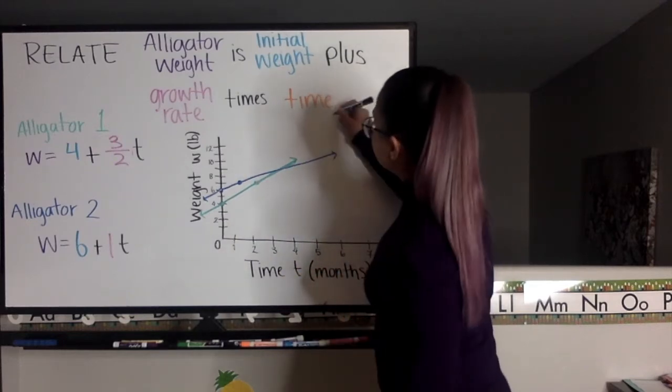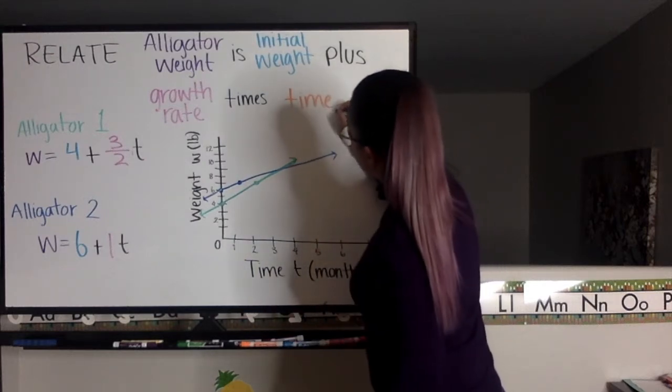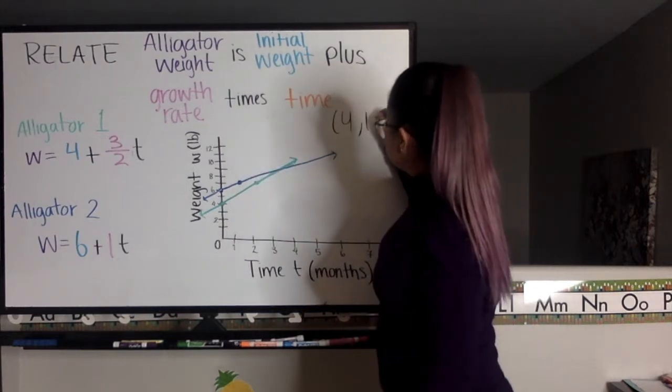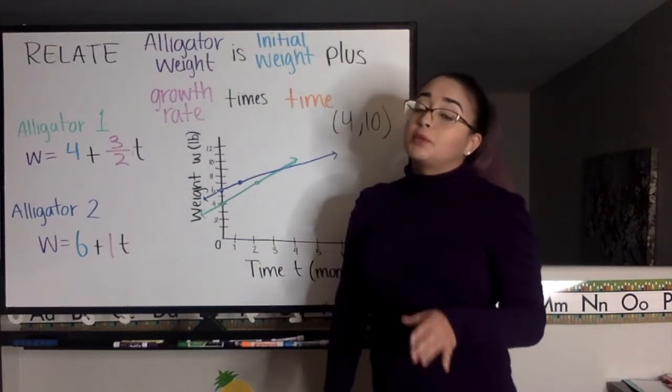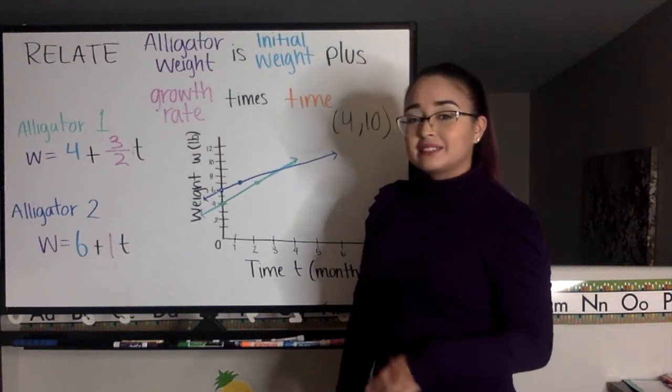So our x would be 4, and our y would be, let's say, 10. And that just tells us that around 4 months of age, both alligators weighed 10 pounds. Do you guys get it?